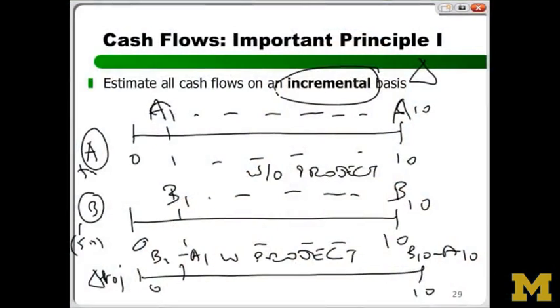So for example, if you spent $5 million thinking about different projects 2 years ago, what will happen when you take the difference? It'll cancel, right? If over here you had a 5 million expense on a market survey, 5 million expense sometime early, what will happen when you take the difference? It'll cancel, and that's called sunk costs.